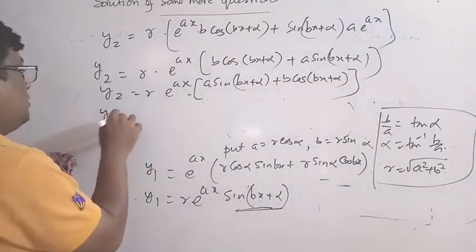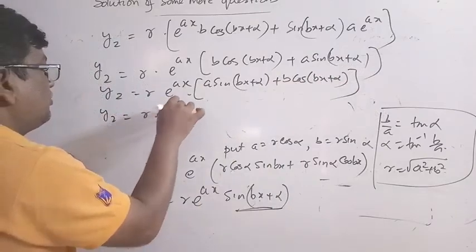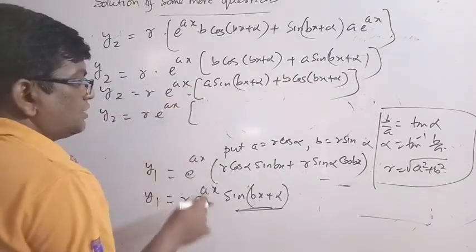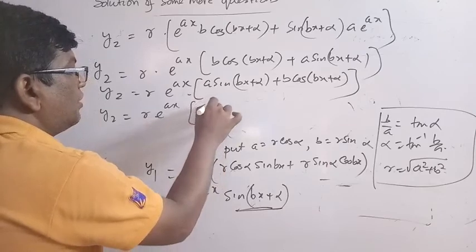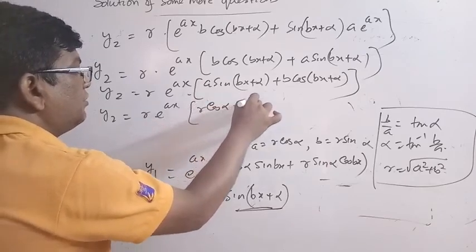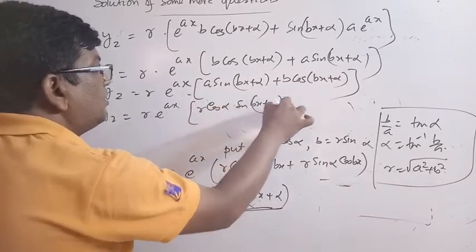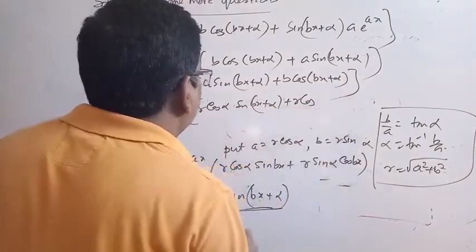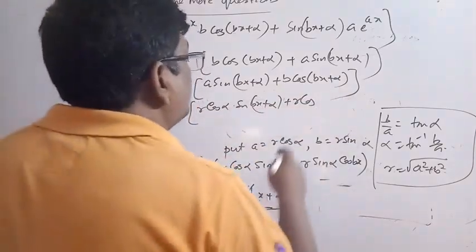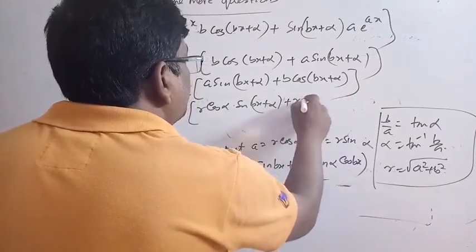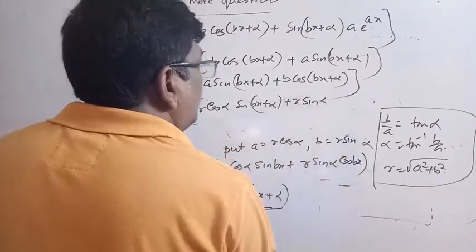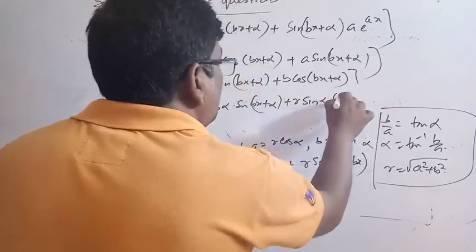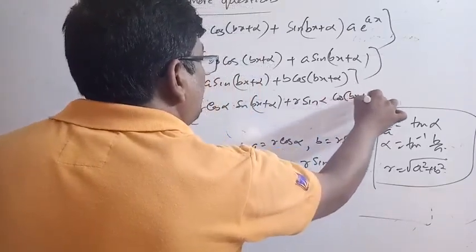This is y2 is equal to r into e to the x, and this is r cos alpha sin bx plus alpha, r, this is r cos alpha, and this is r sin alpha, and this is cos bx plus alpha.